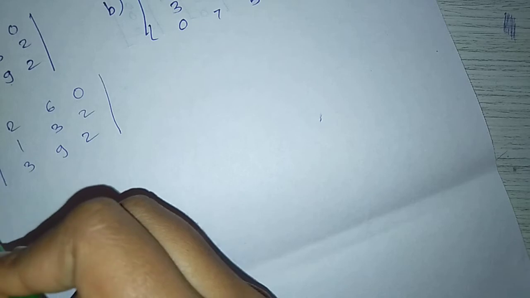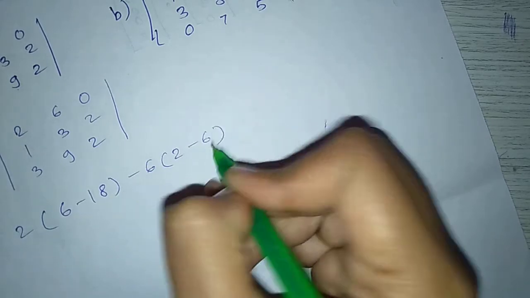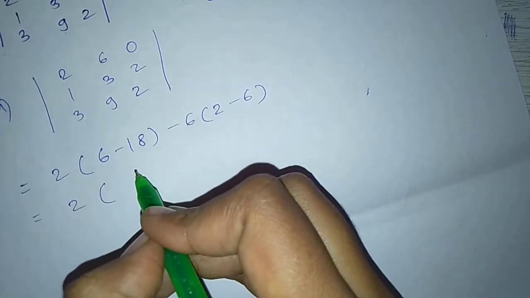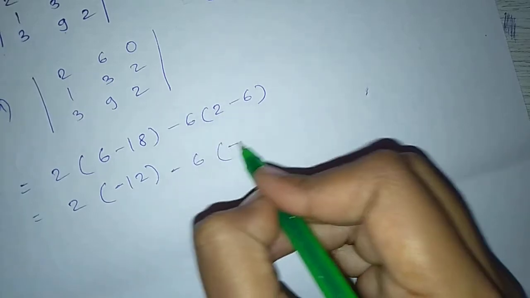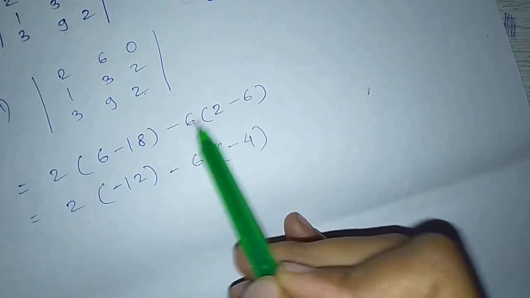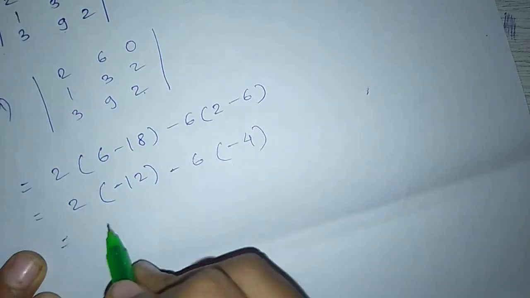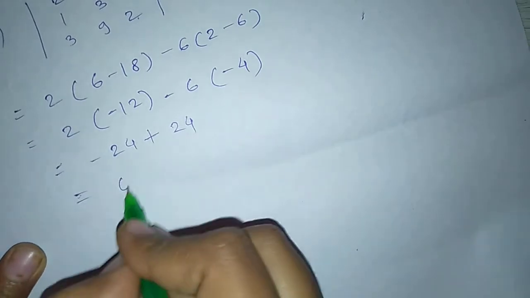Equal to 2 into 6 minus 18 minus 6 into 2 minus 6 equal to 2 into minus 12 minus 6, 2 minus 6 minus 4 equal to minus 24 plus 24 equal to 0.